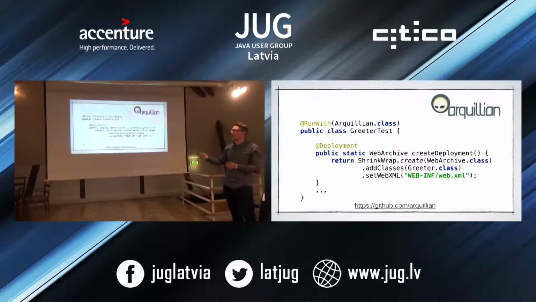So we say create web archive. You can add classes here. You can add libraries from Maven, for example. So there's an API like add all dependencies from Maven. You provide a link to pom.xml. You can set the web.xml location, etc. And with this, you've created the web archive, and you can do deployment.